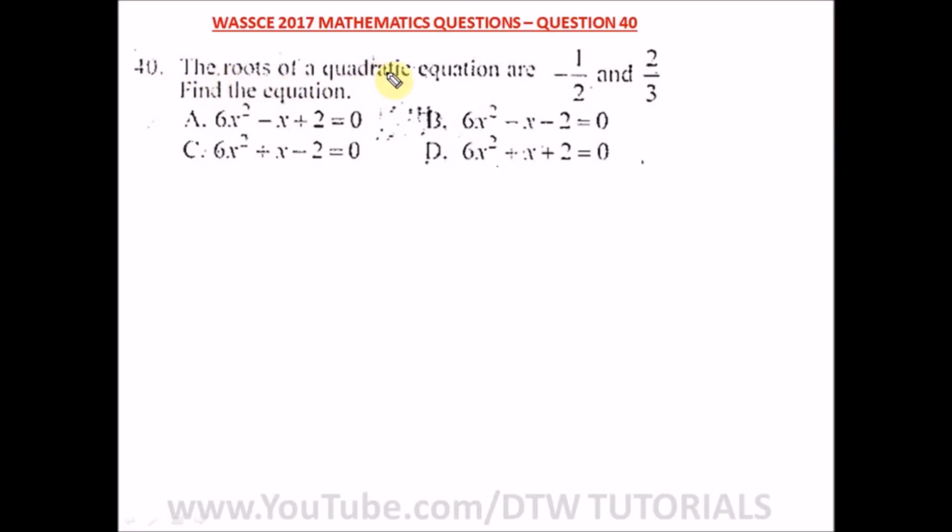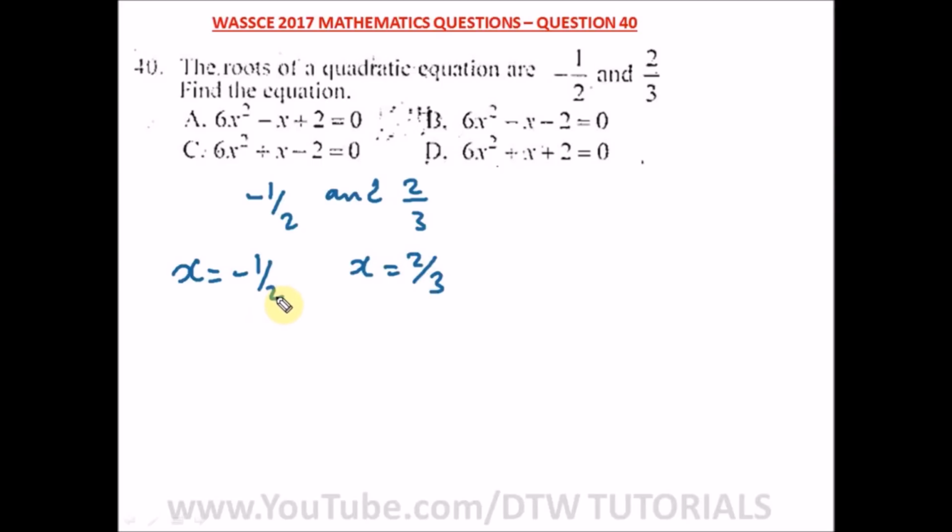It says the roots of a quadratic equation are minus 1 over 2 and 2 over 3. Find the equation. So we're solving from the answer, going backwards in reverse to get our equation. We have x equal to minus 1 over 2, and x equal to 2 over 3.